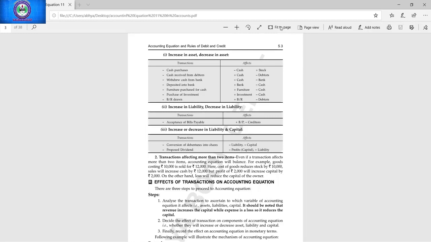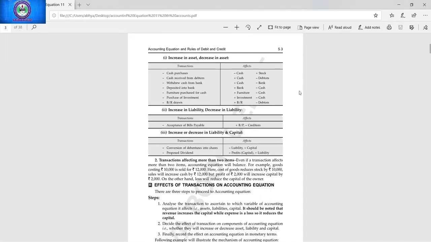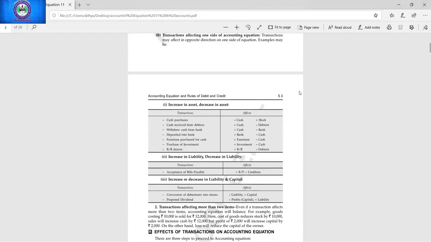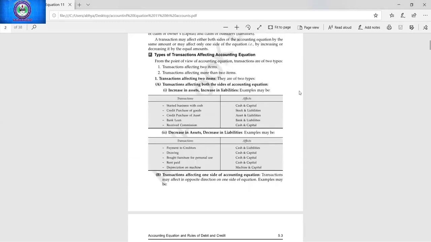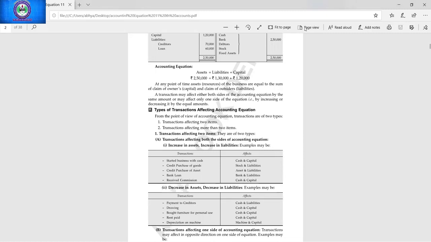Very good. Then next is withdrew cash from bank. Here it is not mentioned that you have withdrawn the cash for personal use, so you will not consider it for personal use. Which accounts are going to be affected with this transaction?